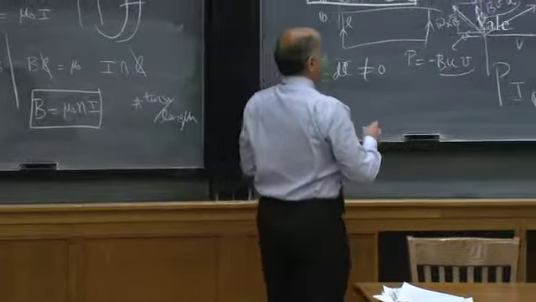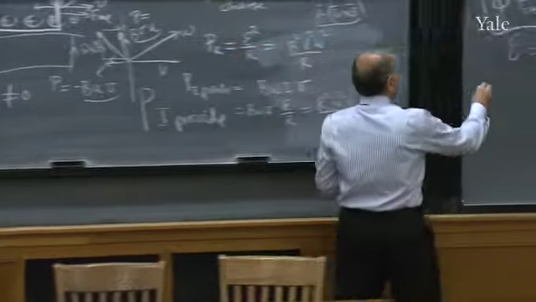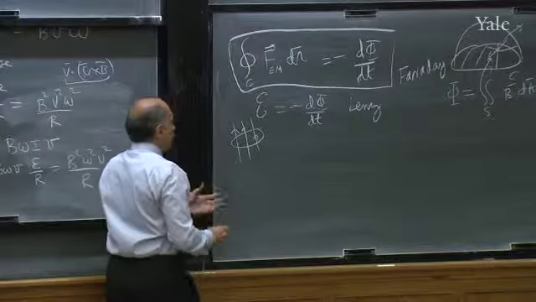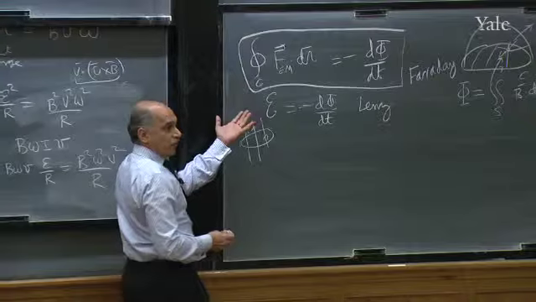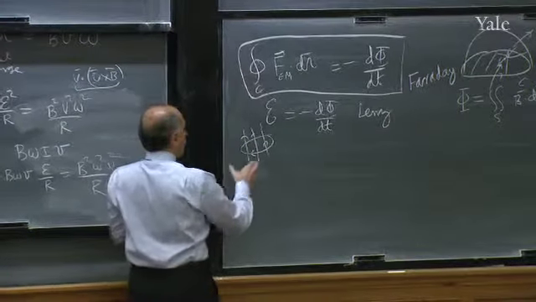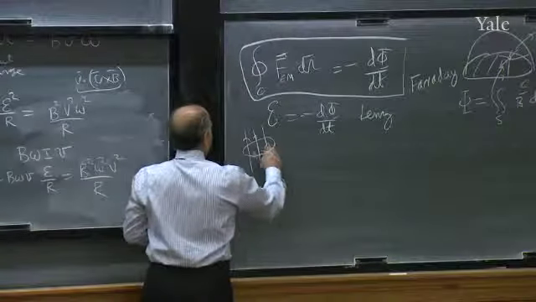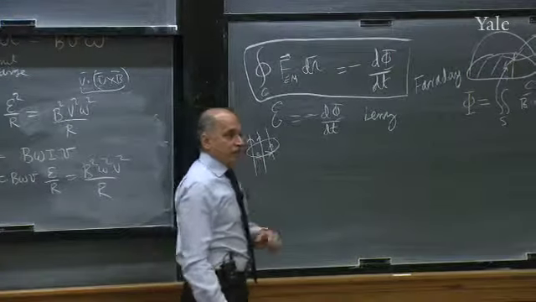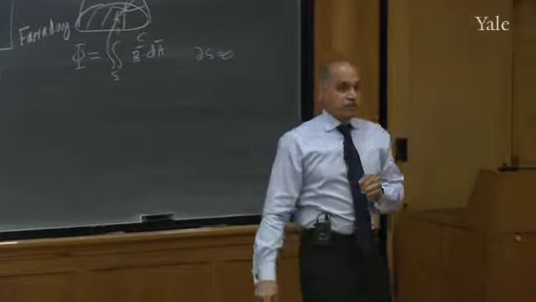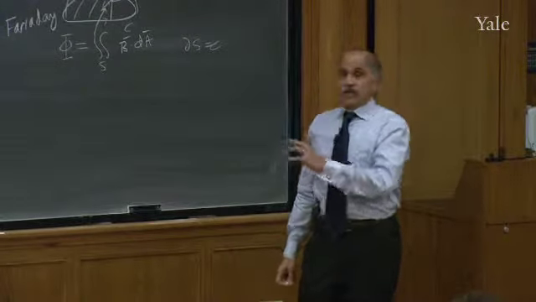For example, if you took a loop and it had some flux going through it, if you try to increase the flux going through it, it will try to decrease it, so the current will flow like that. If you try to decrease the flux through it, it'll try to prop it up to its old value, the current will go like that. That helps you find the direction of the current. The EMF will be such as to neutralize the change.